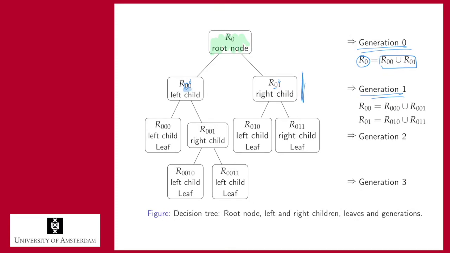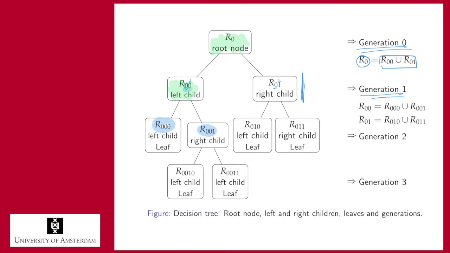If we take, for example, this node here, the left child R00, then we can again split that node in two parts, R000, R001.